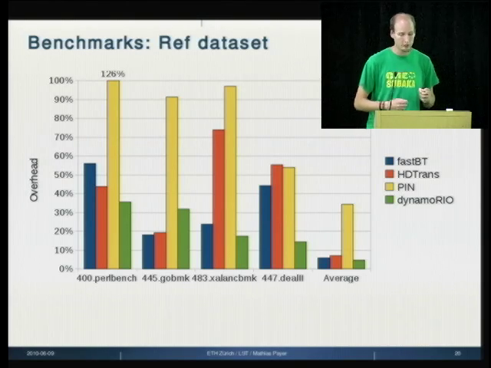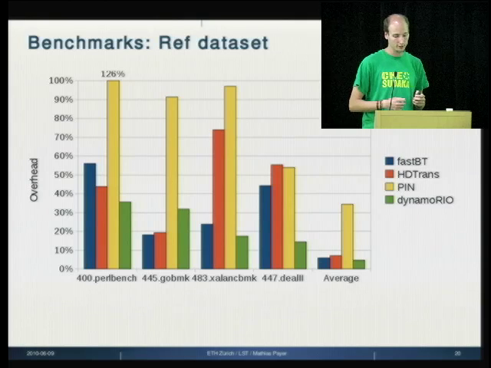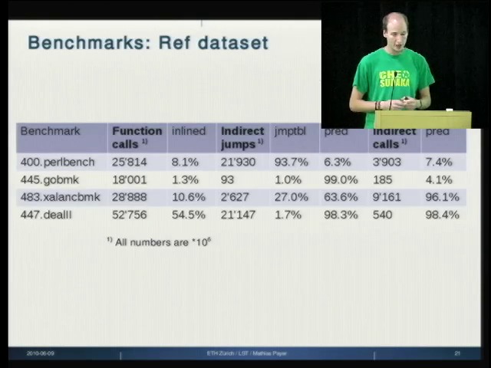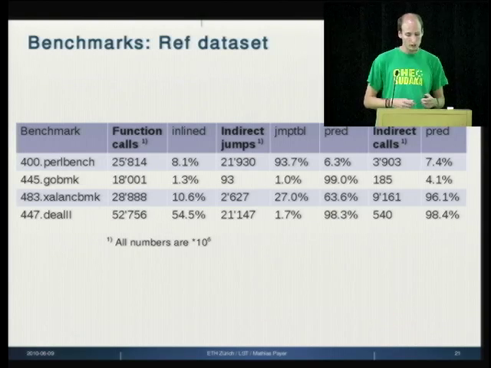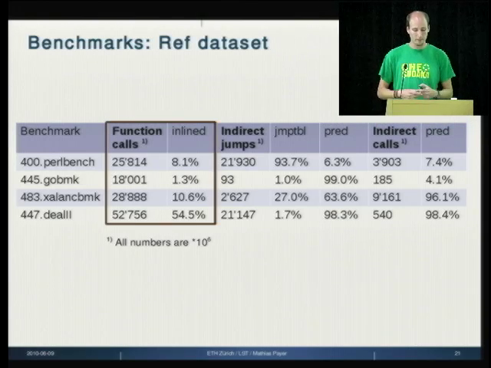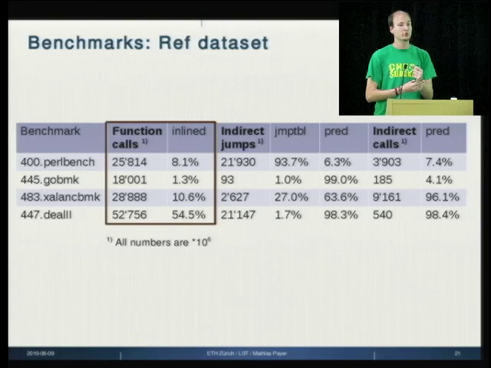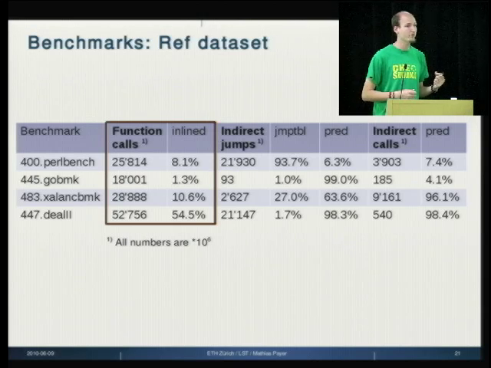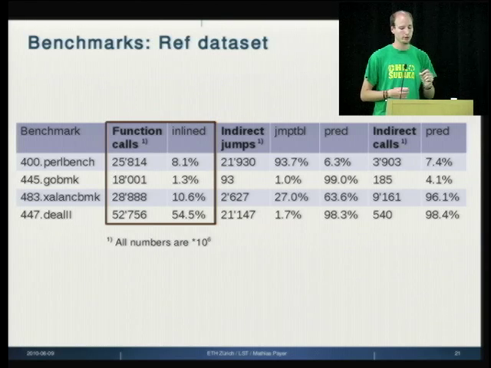If you look specifically at the Perl bench and dealII benchmark, we see that the problem of the table-based binary translators is the huge number of function calls. For each of these benchmarks, we have more than 20 billion function calls that cannot be inlined in our optimizations. But nevertheless, an overhead of 50% is still pretty low for the Perl benchmark.